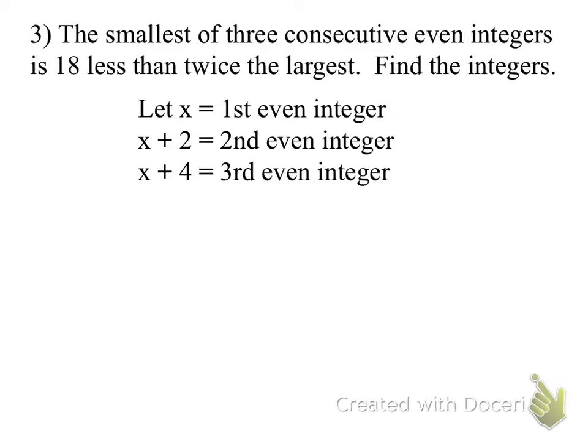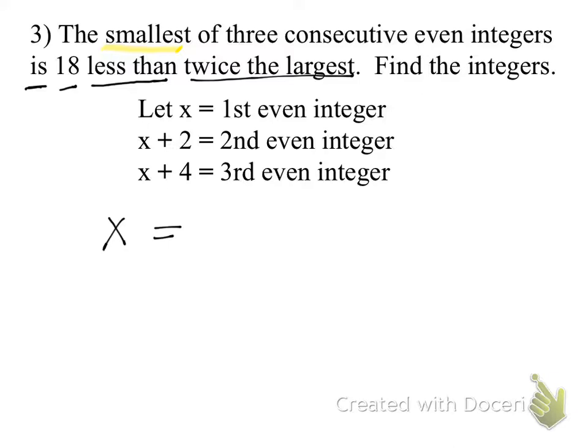Now, we have to do some translating. What's the smallest? Smallest, everybody? X. So I write it, X, and then it says is, okay, 18 less than twice the largest. How do I show twice the largest?